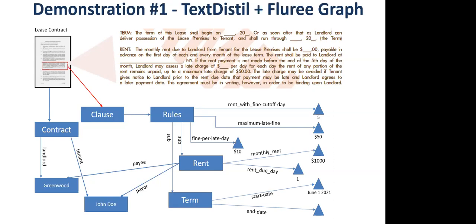And once that extraction happens, we can also build the rules, the code that enforces these terms. That is particularly the strength of the features from Fluree. Fluree has this concept of smart functions. Between the smart functions that Fluree has, with the ledger at the heart of it, plus TextDistil having its capability to understand language and then generate, in this case, this code as well as the knowledge, together they get ingested into the Fluree database.